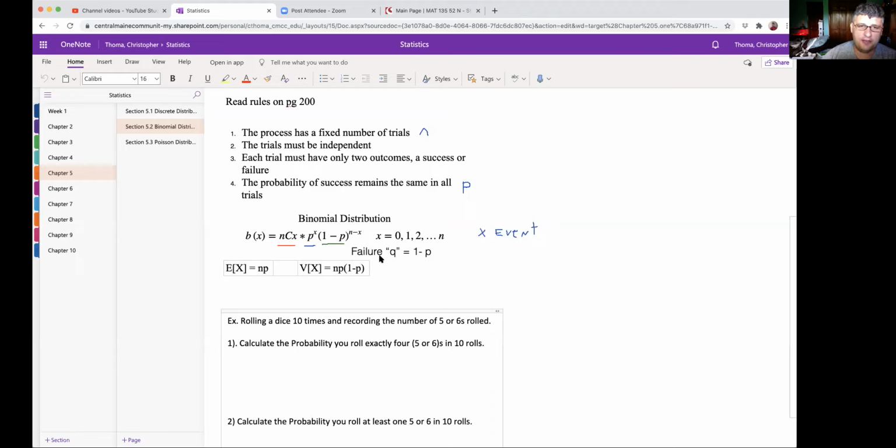And remember, if I want to find standard deviation, if I want to find my lovely sigma, well, that is the square root of the variance, so that is the square root of n, p, and q. Pull a tail on it, so you don't think that's a 9. All right, or the square root of the variance.